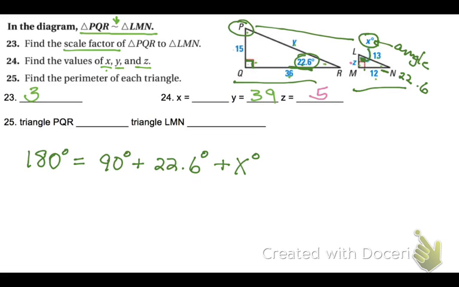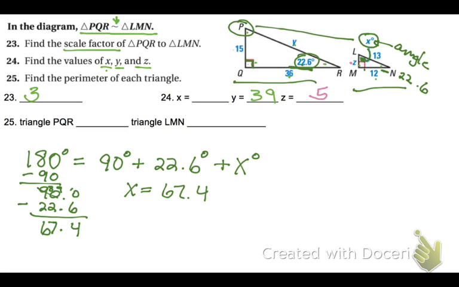We can do a little math. 180 minus 90 is 90. Take away 22.6. I'm going to borrow: 10 take away 6 is 4, 9 take away 2 is 7, 8 minus 2 is 6. So x is going to be equal to 67.4 degrees.